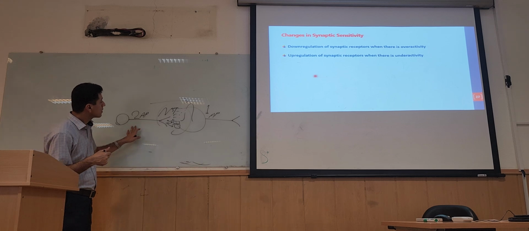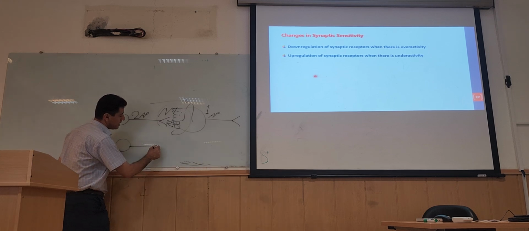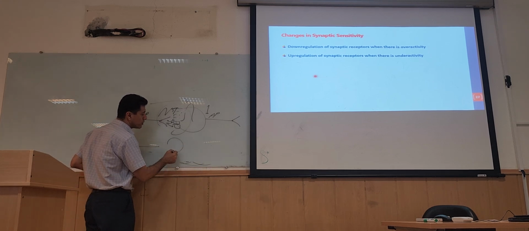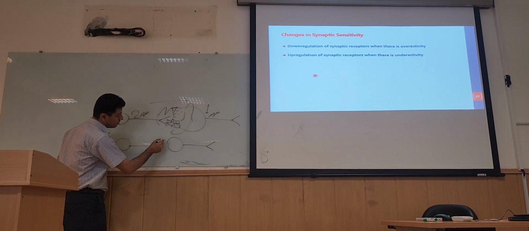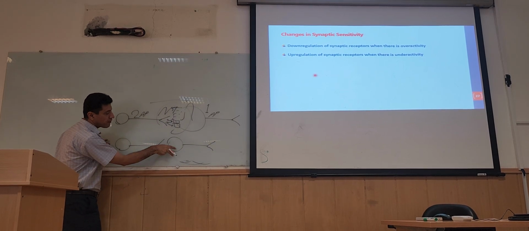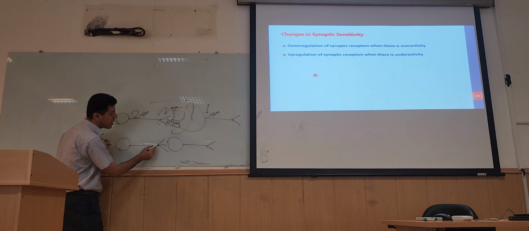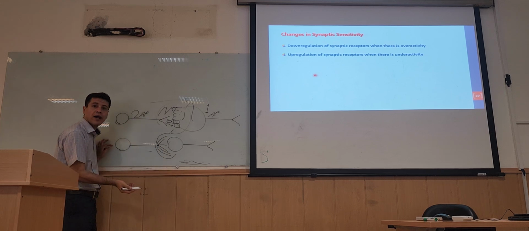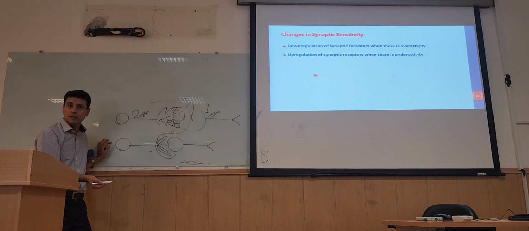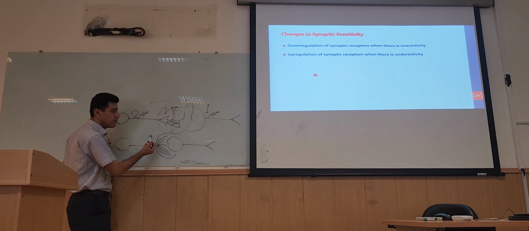Some other time, you may have sprouting. You know sprouting? For example, it has 3 branches on this cell. Now it sprouts, so it sends more branches. So again, we have upregulation.